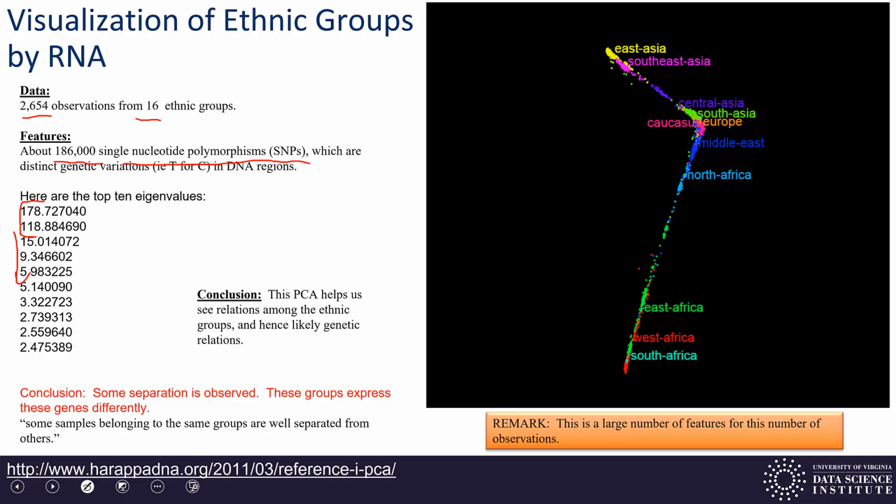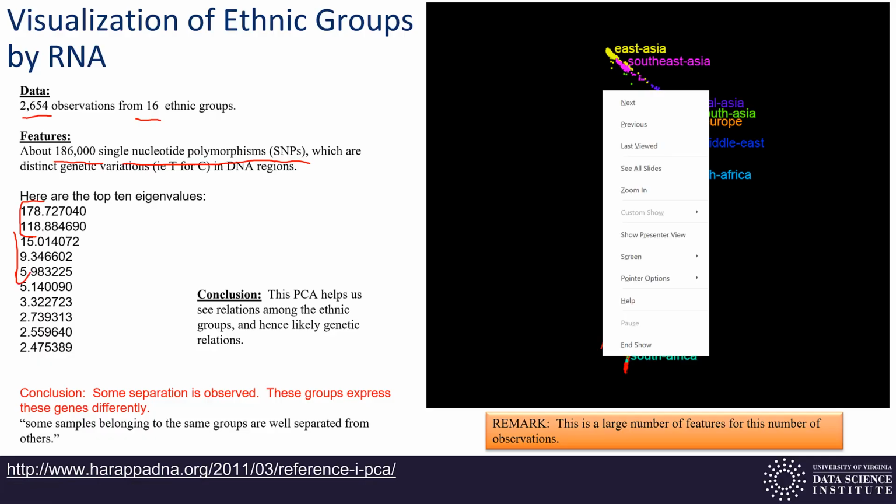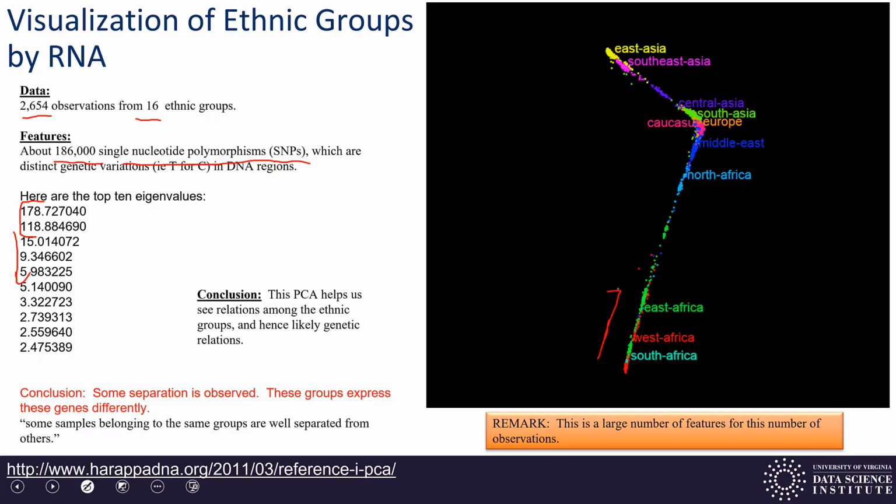And you can see the geographical connection: South Africa, West Africa, through East Africa, through North Africa, and then things close to North Africa, and then East Asia going into the Central Europe and Middle Eastern directions. So there's variation in these SNPs that seems to correspond to the distribution of humans across these continents.